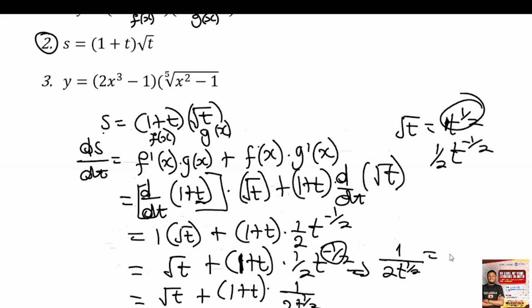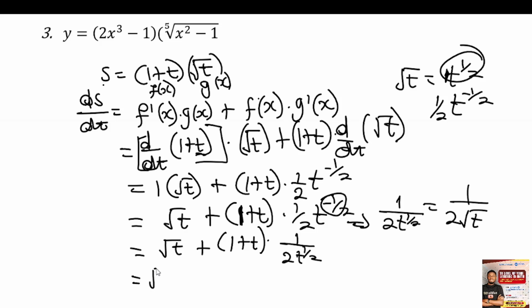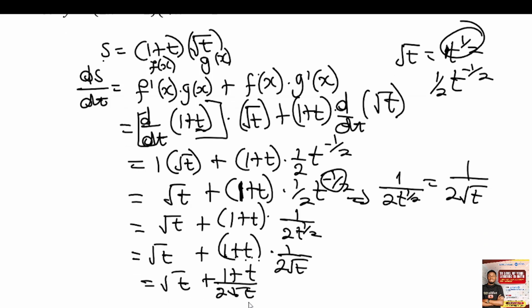Now 2t exponent half is the same as 2 root t. For that matter, we can rewrite this one as root t plus 1 plus t times 1 on 2 root t. So which is equal to root t plus, 1 plus t times 1 gives us 1 plus t all on 2 root t. So this is the result for our differentiation of these two functions.